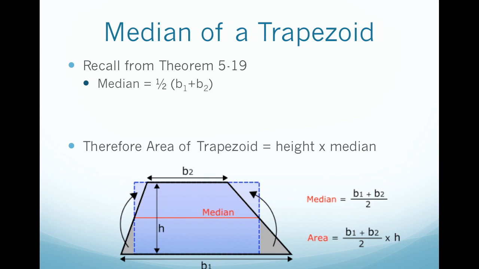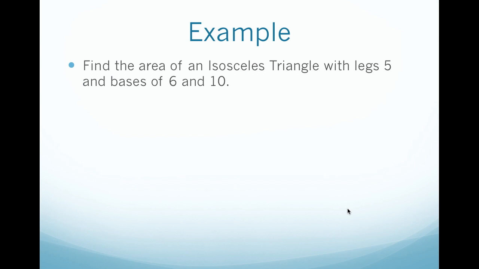Therefore, the area of a trapezoid is height times median. The median is simply another way of looking at it, base 1 plus base 2 divided by 2, or the average of the bases. That's another convenient one. If they give you the median, all you gotta do is multiply it by the height. So let's look at an example, and that's pretty much it.